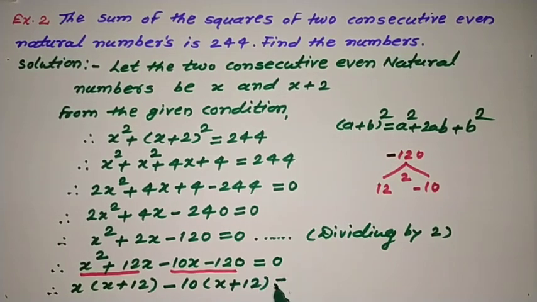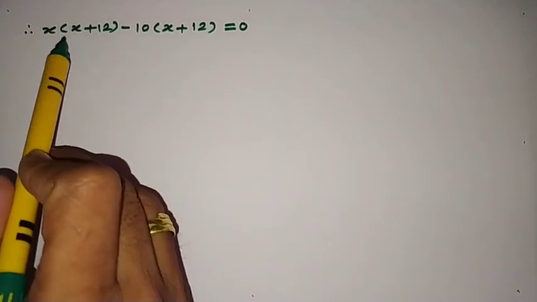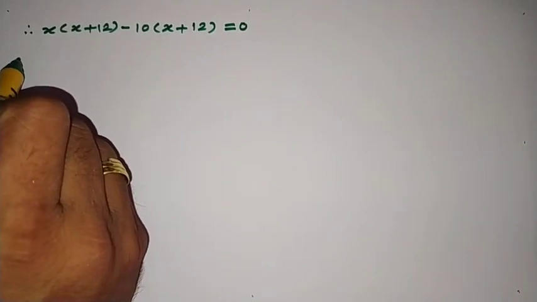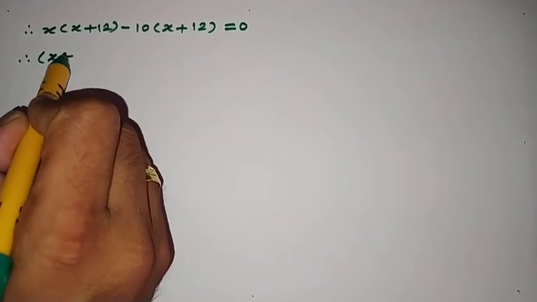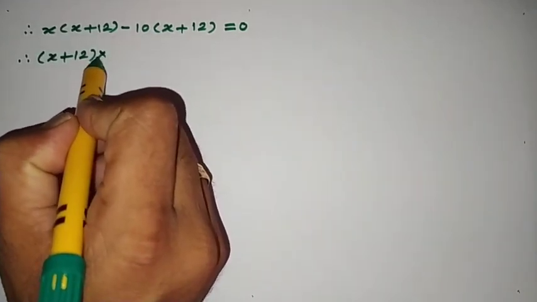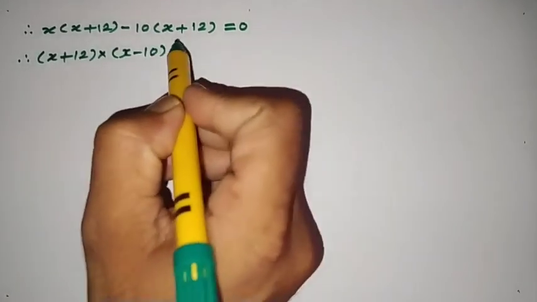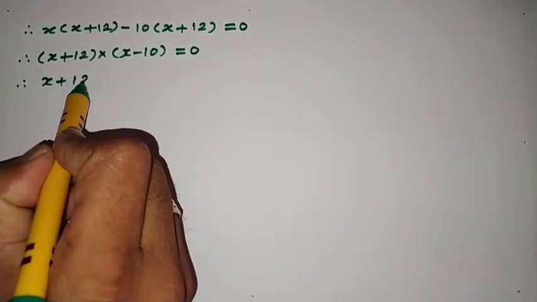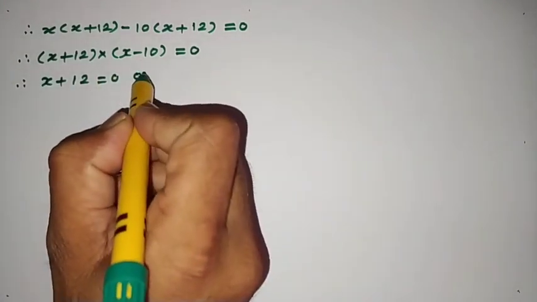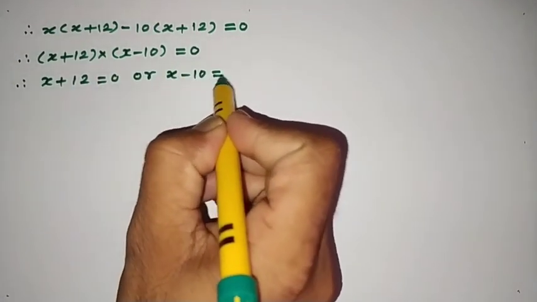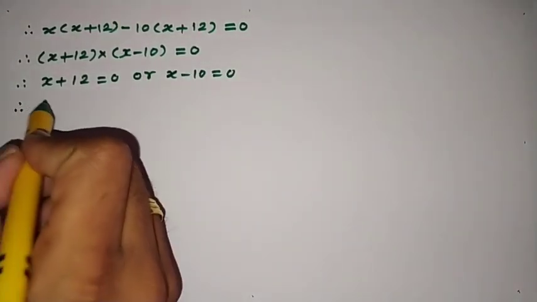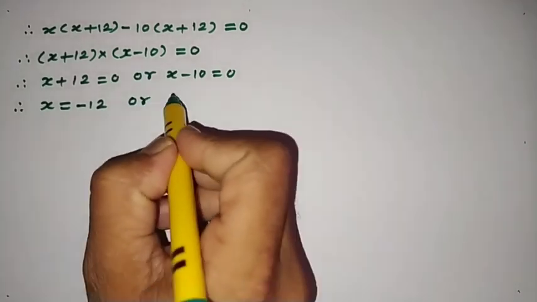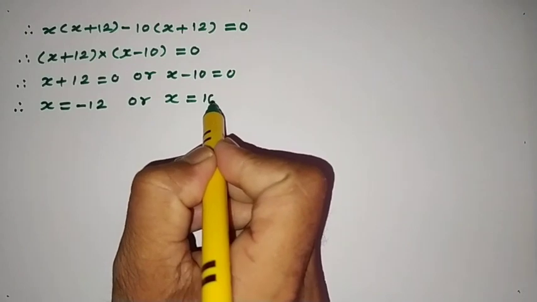In these two terms x plus 12 and x plus 12 is a common bracket, take x plus 12 common. In the second bracket x minus 10 is equal to 0. Therefore x plus 12 is equal to 0 or x minus 10 is equal to 0. Therefore x is equal to minus 12 or x is equal to 10.